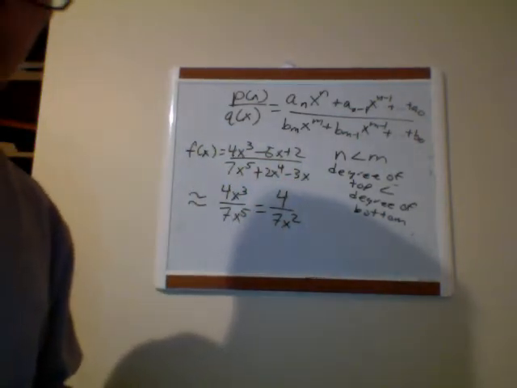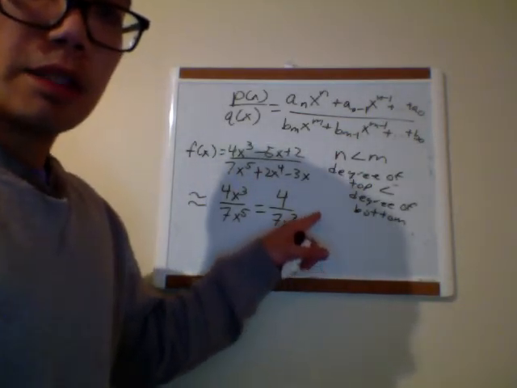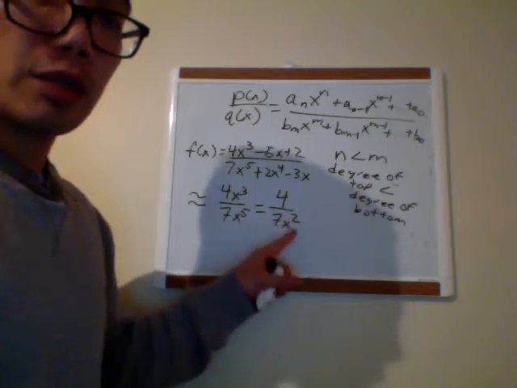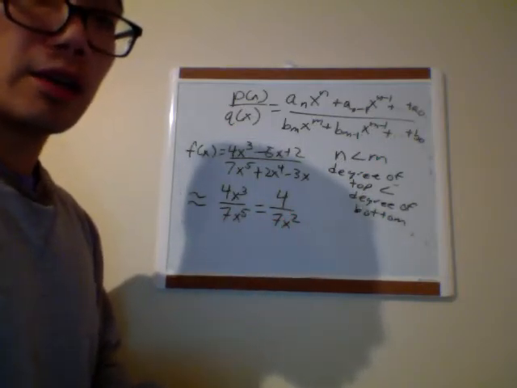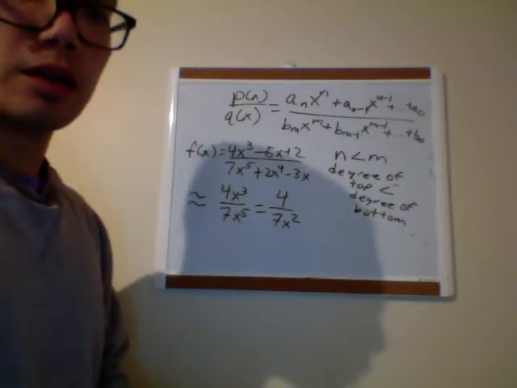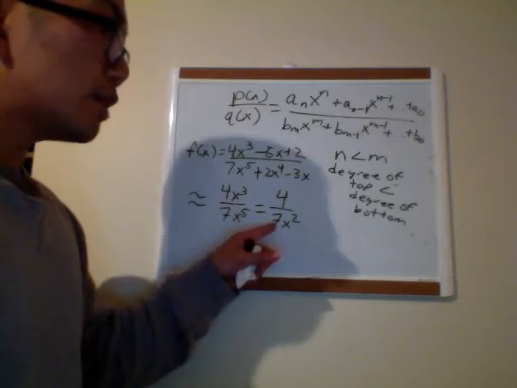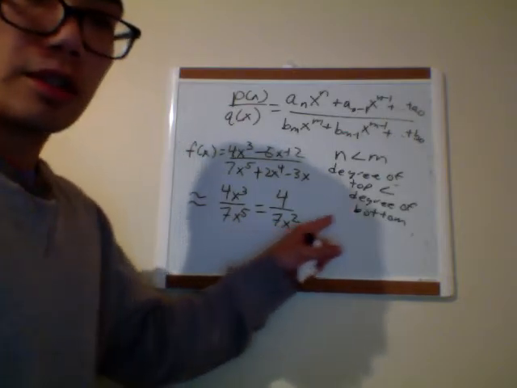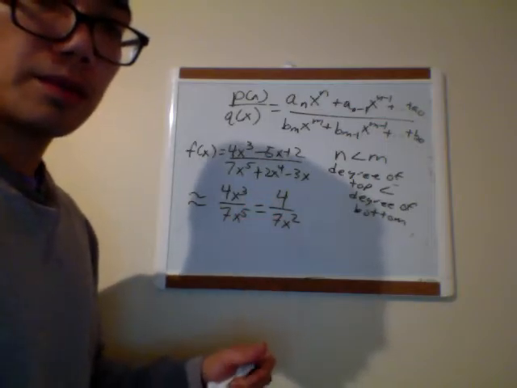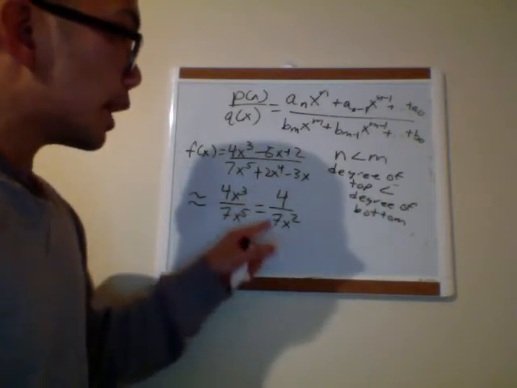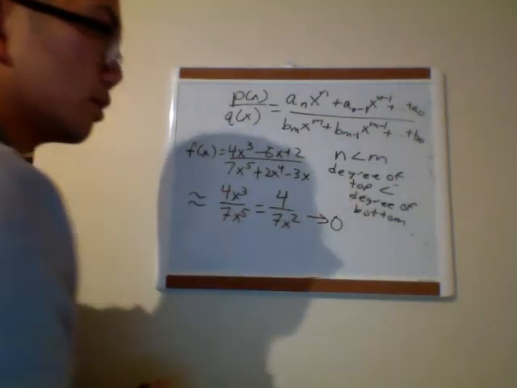Now think about end behavior. As x gets really, really large, that means my denominator is getting really, really large. And remember, in a fraction, when you increase the denominator, the number actually gets smaller, right? So 4 over 7 times a million squared is going to be a really, really small number. So this number actually approaches 0.